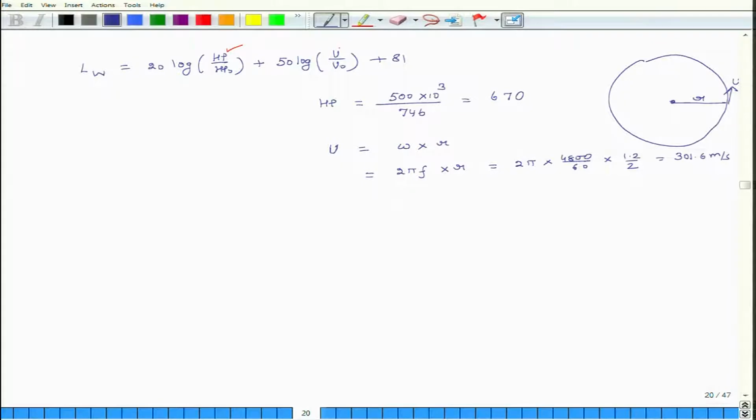So, the tip of the compressor blade is moving at a velocity of 301.6 meters per second, and of course, u naught is 243.8.